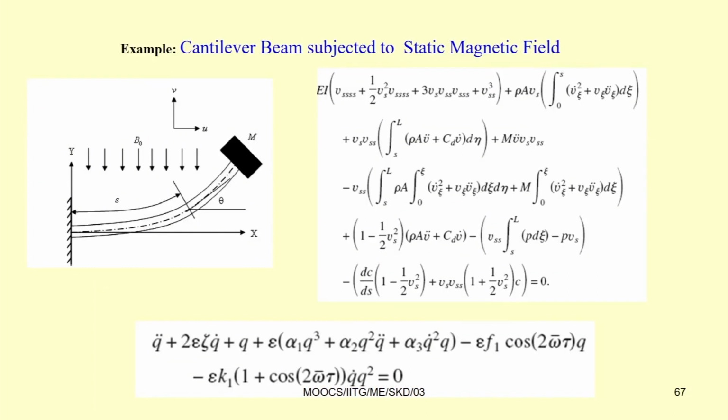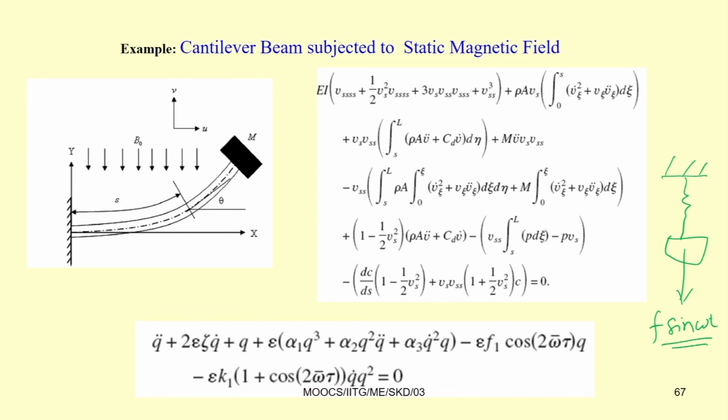Let us see some more examples also. For example, the same cantilever beam, if it is subjected to a magnetic force. In this case, the magnetic force is a non-contact type of force, unlike the force I have shown for a spring mass system, where the F sin omega t force is directly applied to the system.